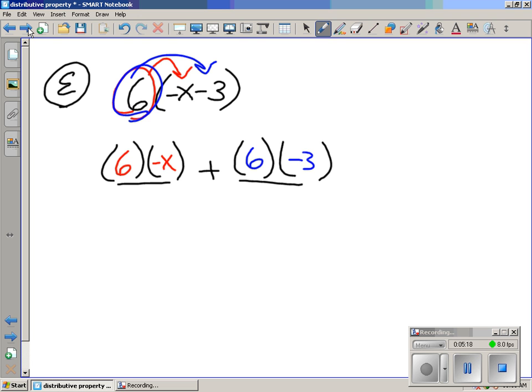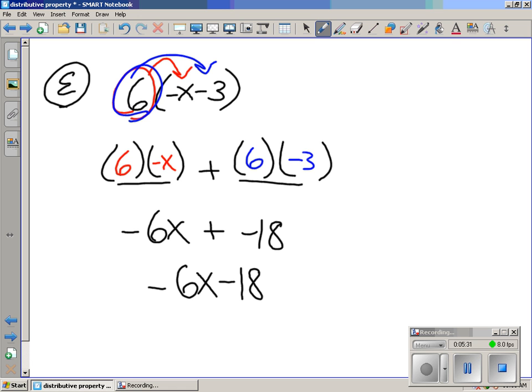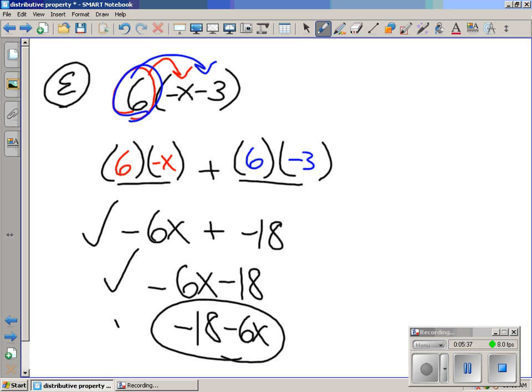I took the 6 and distributed it to the negative x for a negative 6x. I took the 6 and distributed it to the negative 3 to get a negative 18. I could have also ordered it as negative 18 minus 6x. So these are all acceptable answers, all three of those.